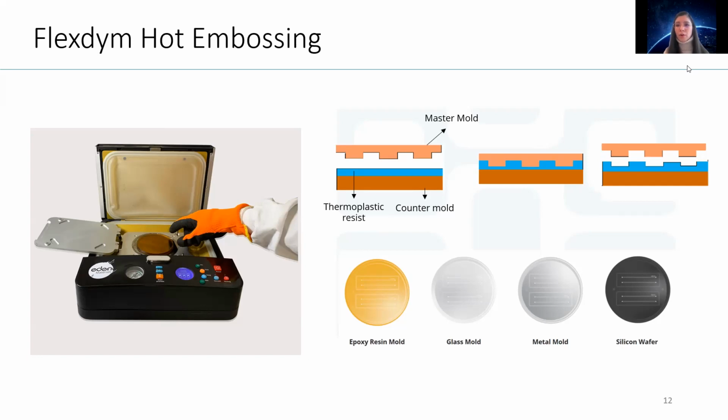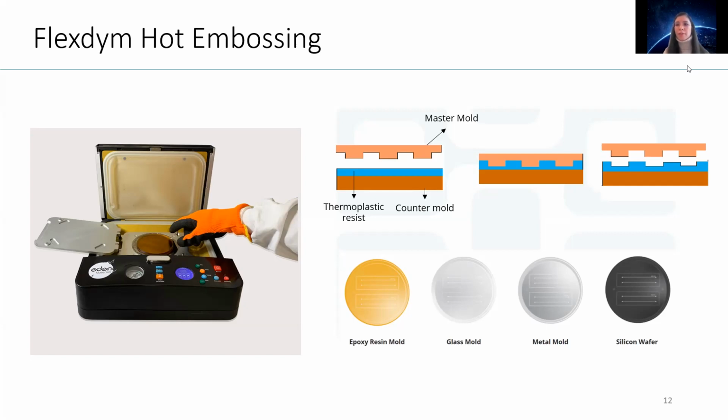So what tends to be the preferred mold format for hot embossing are going to be monolithic molds. So these could be metallic, glass, or made of epoxy resin. Our top recommended choice for hot embossing is these epoxy resin molds because they have been studied and characterized specifically to withstand high temperatures.